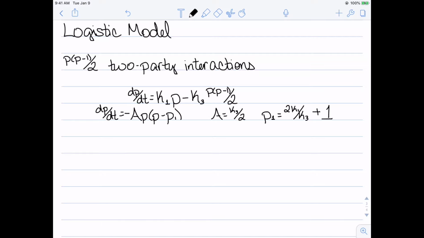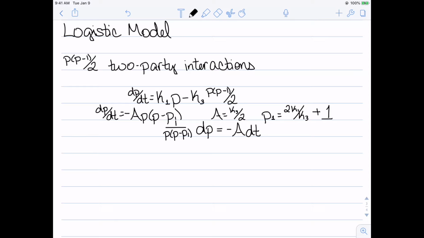Another way to write this would be dP dt is equal to negative AP times P minus P1, where A is K3 over 2, and P1 is 2K1 over K3 plus 1. This is a separable differential equation, so I'm going to divide by P times P minus P1 and multiply it by dt.